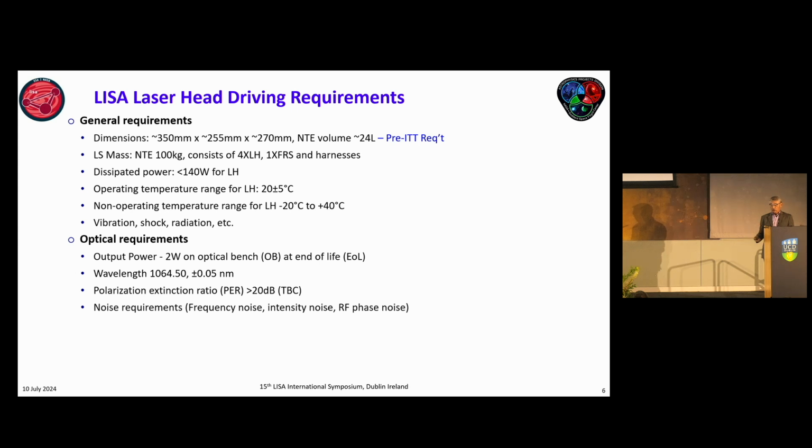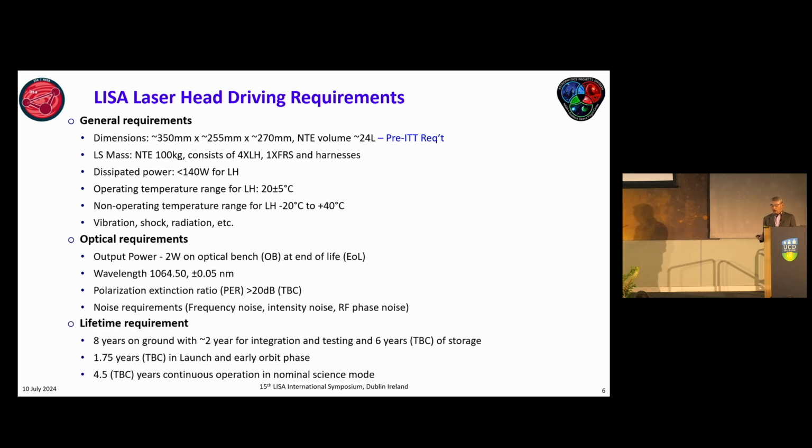We have a polarization extinction ratio of greater than 20 dB, and also a whole host of noise requirements: frequency, phase noise, intensity noise, and RF phase noise. And of course, there's a lifetime requirement: 8 years on ground possible, 2 years for integration and testing, 1.75 years launch and early orbit phase, and then 4.5 years of the nominal science mission, plus an extended science mission life of 5 or 6 years.